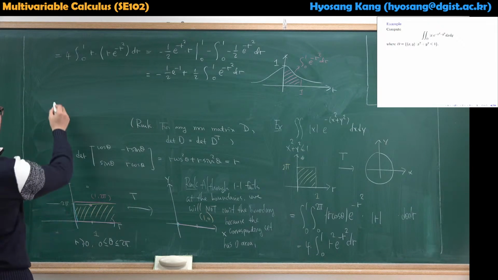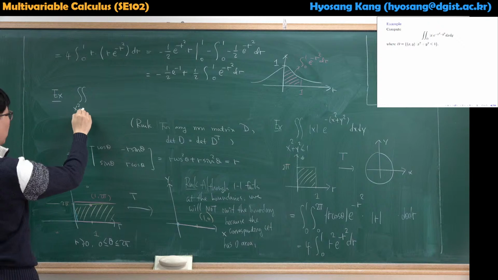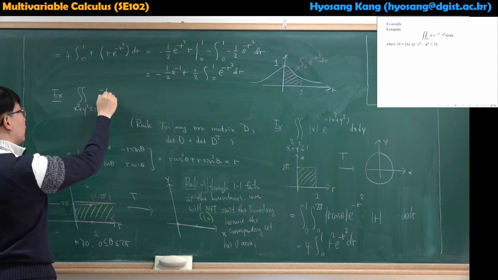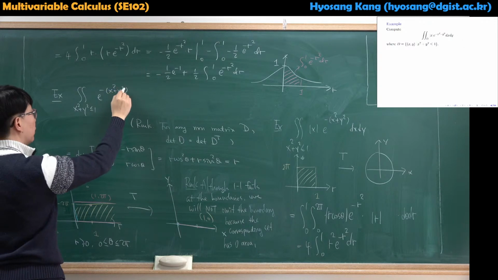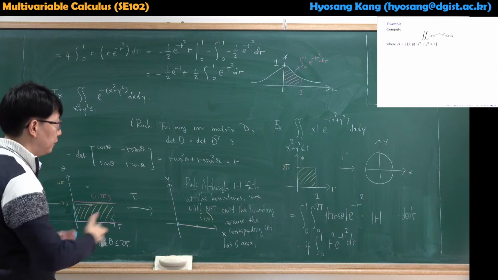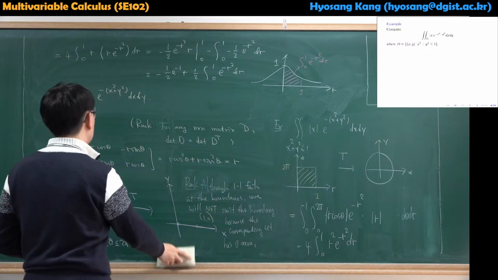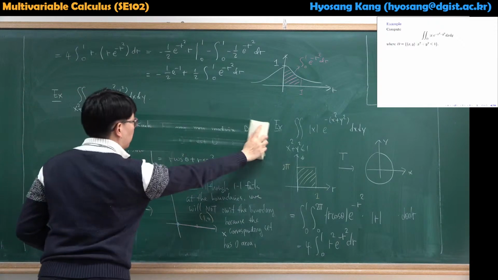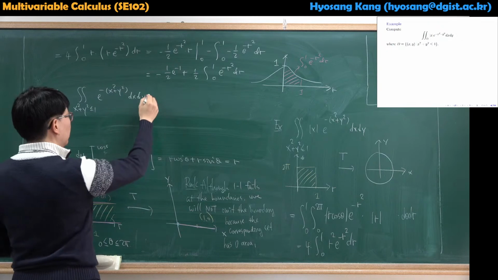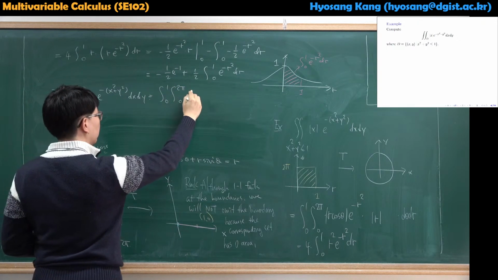Let's look at the simpler one. Let's see. I want to take the integral over x squared plus y squared less than 1 of e to the minus x squared plus y squared dx dy. Instead of having the square root of the absolute value of x, I'm just having e to the negative x squared plus y squared. But then I have the integral from 0 to 1, 0 to 2 pi of e to the minus r squared.